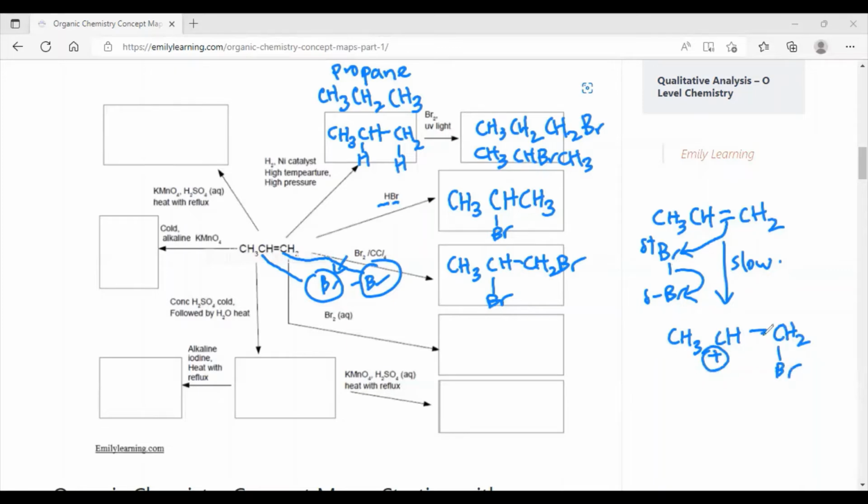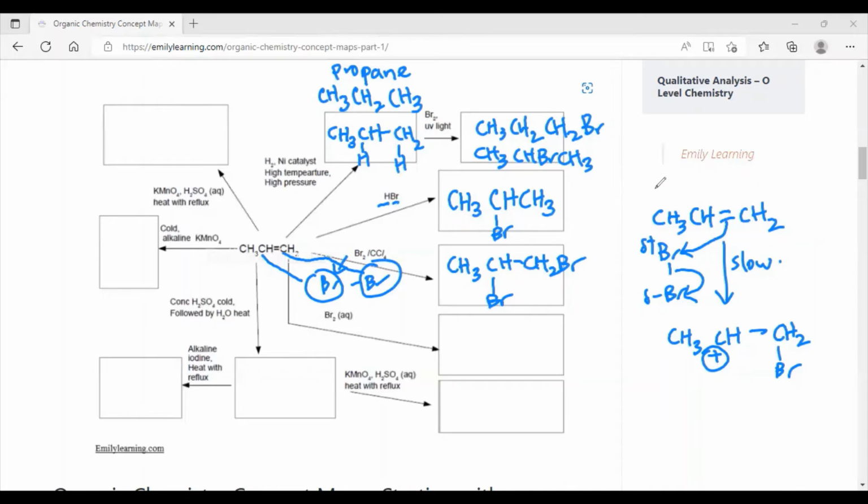Okay, so remember the positive sign, or the cation, will be given to the carbon that is attached to more alkyl groups. If you consider this carbon here, it is directly attached to 1 alkyl group and 2 alkyl groups. Or if you look at this carbon here, it is attached to 2 alkyl groups, whereas this carbon here is only attached to 1 alkyl group.